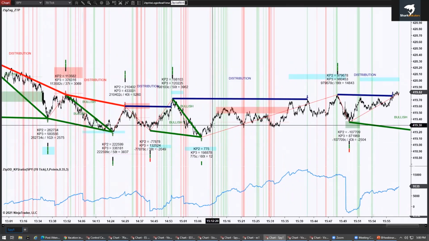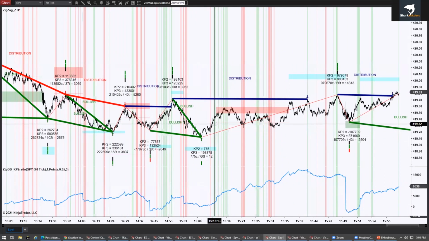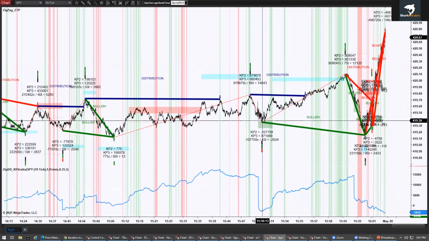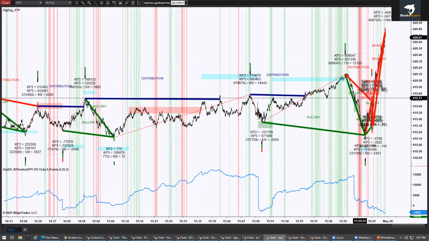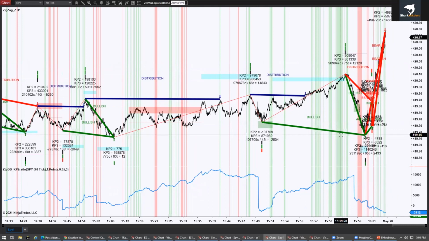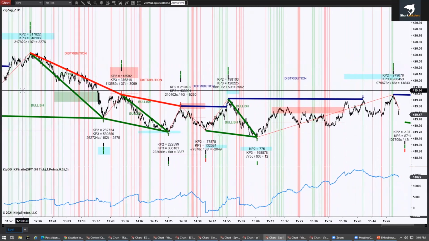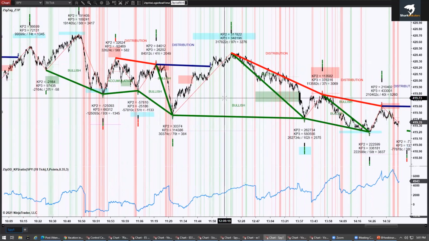Again, here's a nice long trade. Would have got you long about a point and a quarter after the low. Another one from here, and then we don't really want to deal with anything into the close. That's basically what the real-time charts look like.